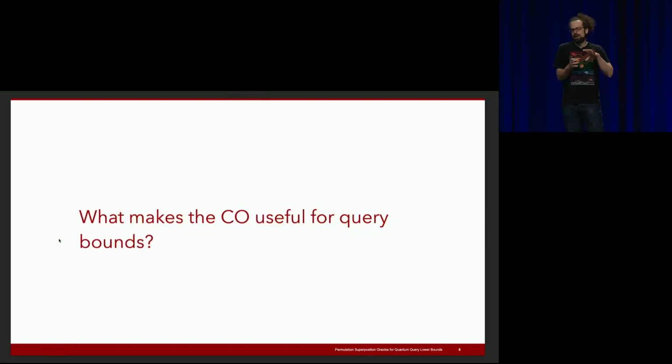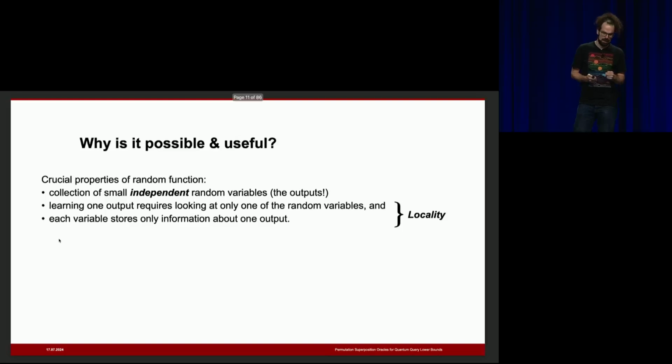Now, to describe how we get there, I want to first describe what makes the compressed oracle so useful for random functions. A random function can be represented as a collection of small independent random variables, namely the different outputs of that function. And these variables fulfill that for learning one output, we only need to look at one of them, and vice versa.